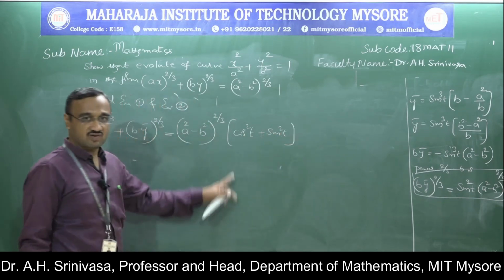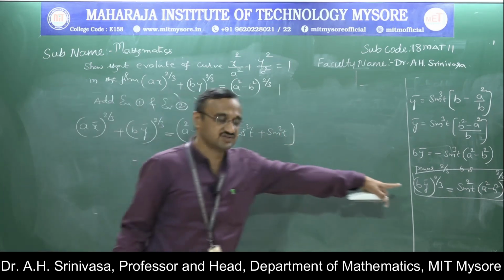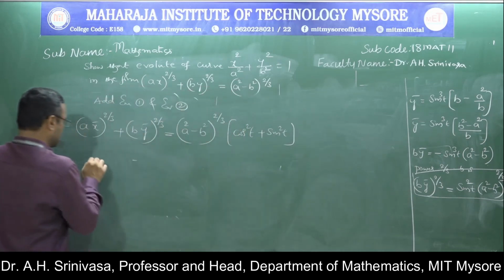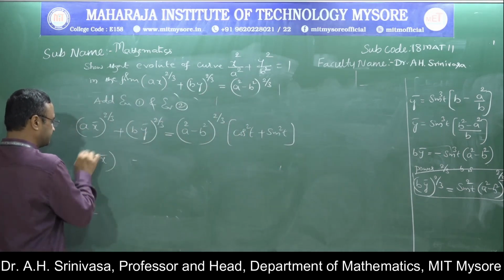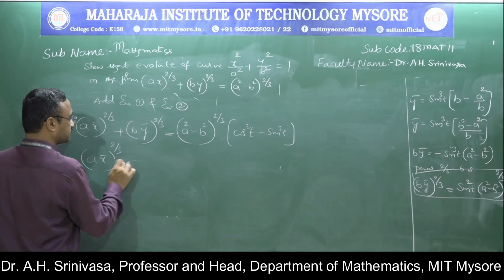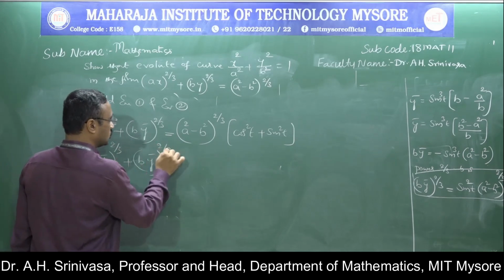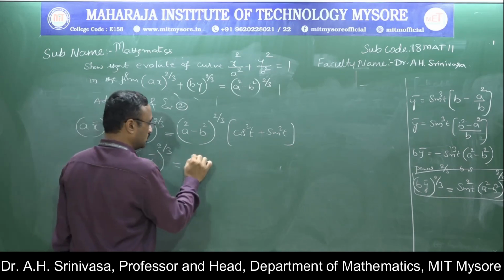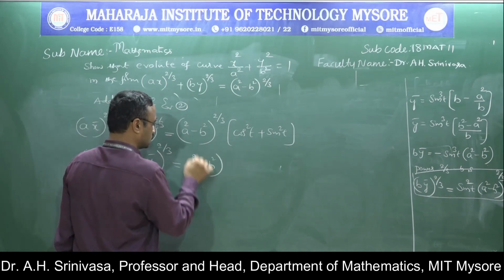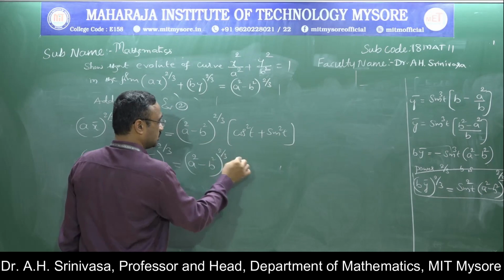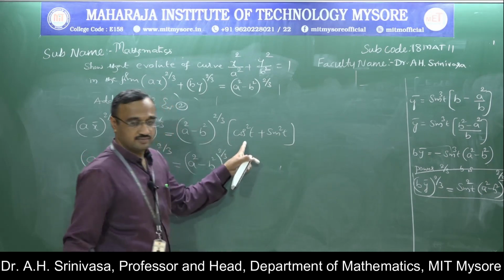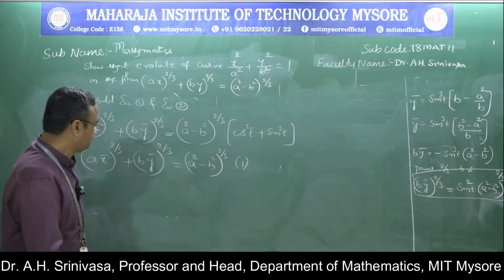In the first equation we have cos square, in the second equation we have sin square. If we simplify, ax bar power 2 by 3 plus by bar power 2 by 3 equals a square minus b square power 2 by 3, since cos square plus sin square is 1 by the trigonometric identity.